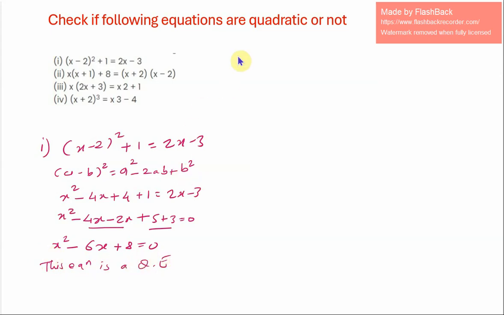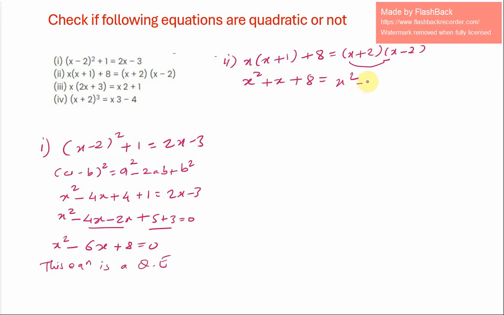In the same manner, if we solve the second equation, which is x into (x plus 1) plus 8 equals (x plus 2) multiplied by (x minus 2). So once we simplify, what we will get here: x into x, x square, x into 1, x, plus 8 equals the product, x into x, x square, or you can use the identity (a plus b)(a minus b), which is a square minus b square.